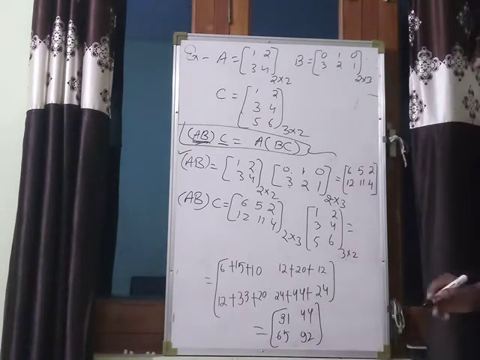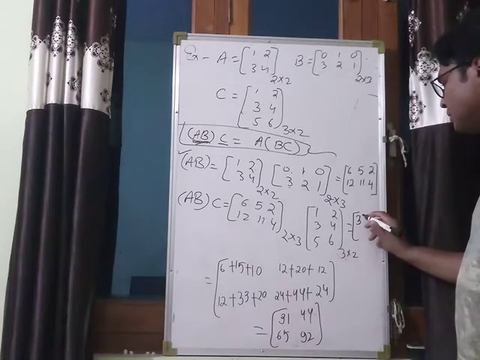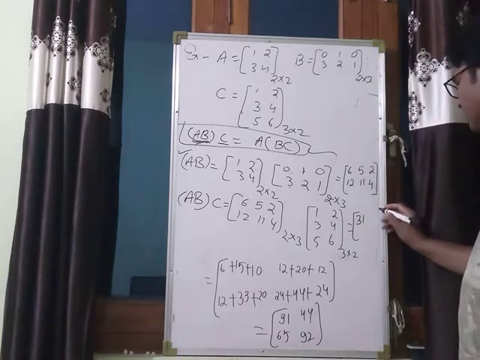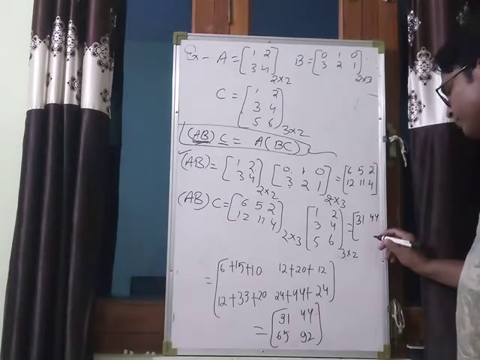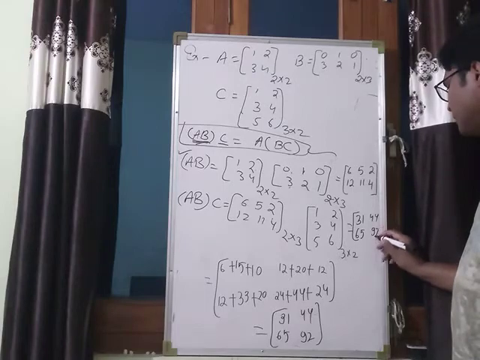Okay, so AB into C is nothing but a matrix of order 2 by 2 having entries 31, 44, 65 and 92.